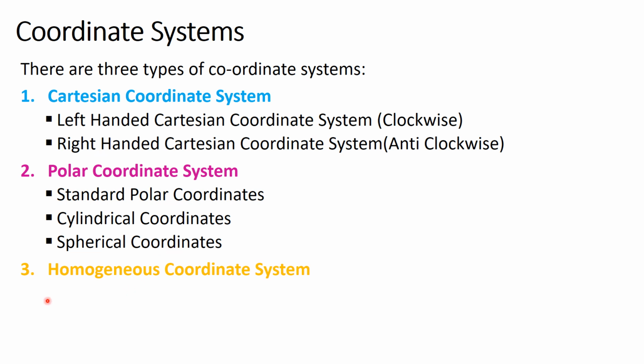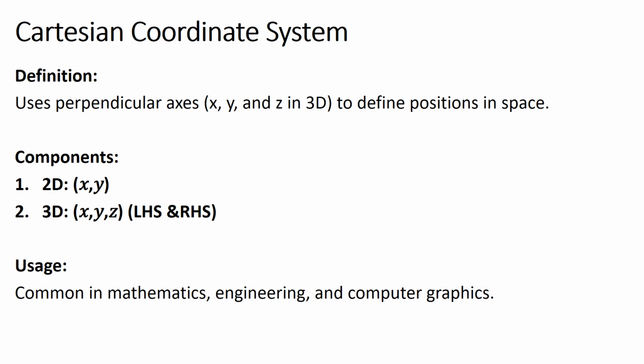We will focus on the Cartesian coordinate system and the homogeneous coordinate system, because these are the systems that are mainly used in computer graphics. Cartesian coordinate system definition. The Cartesian coordinate system uses perpendicular axes x, y, and z in 3D to define positions in space.